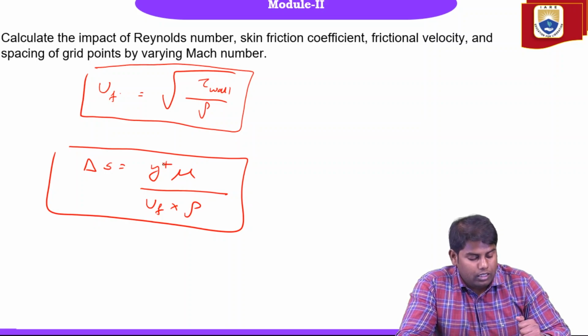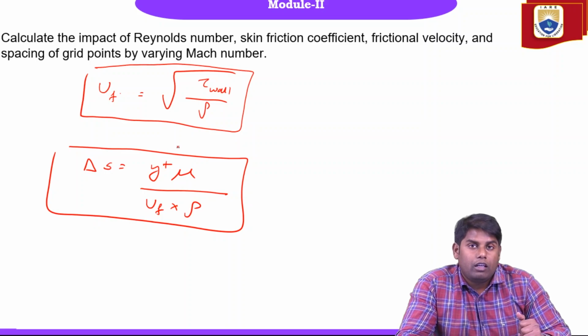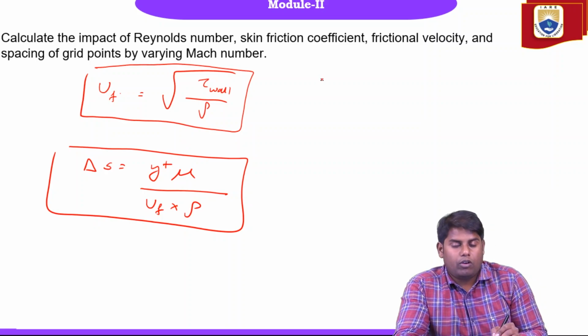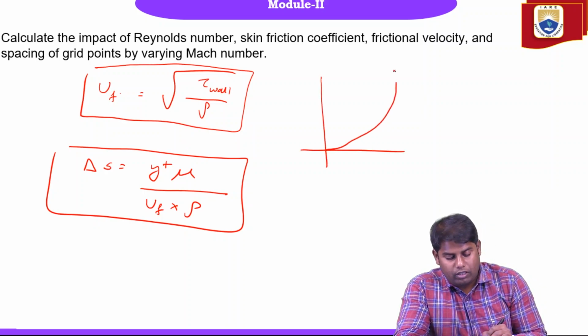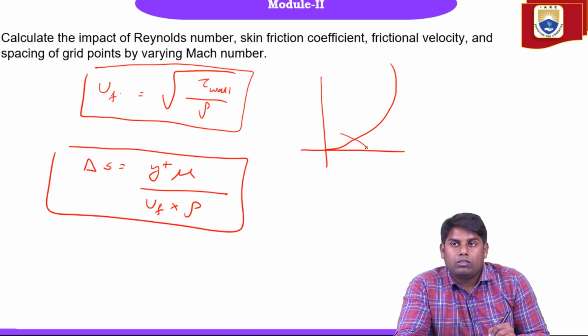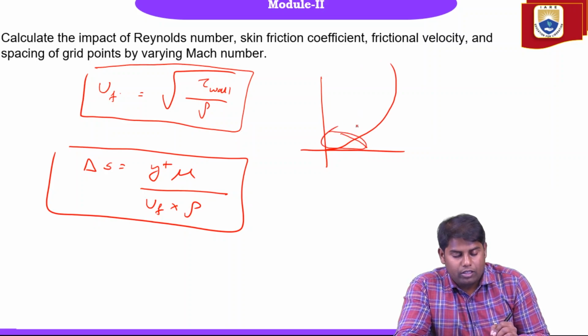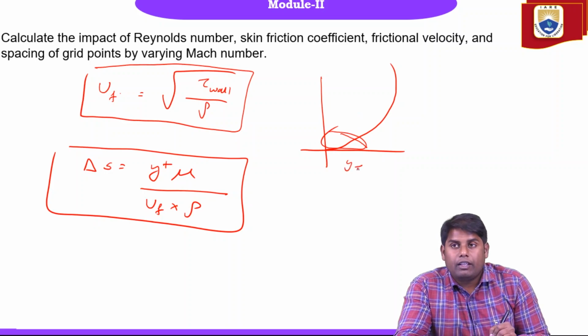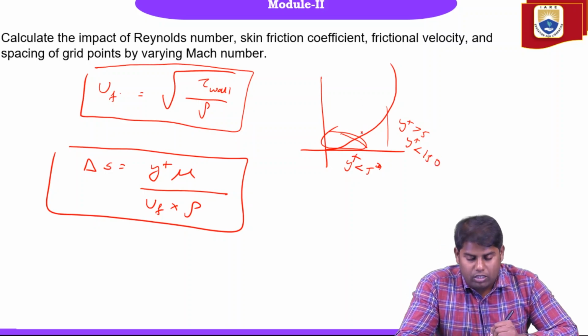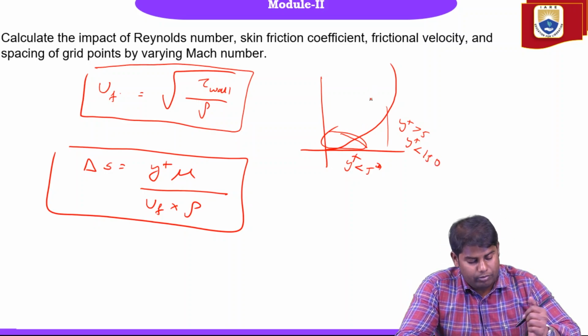The y plus value will vary inside the boundary layer. When you draw the boundary layer, in the sublaminar or viscous sublayer you have a y plus value less than or equal to 5, and in between you will have a y plus value greater than 5 and less than 150 or so. These are rough values we can assume here.